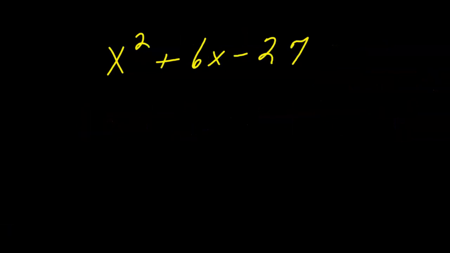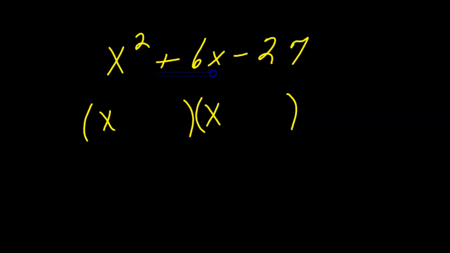Okay, I'm going to pause the video and try this one on your own. Okay, so I need two numbers. I know this is going to be an x, this is going to be an x. Now this is negative here, so my numbers are going to have opposite signs.